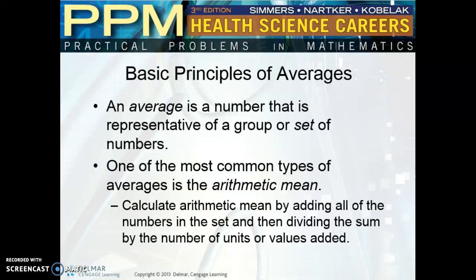And then an estimate is just what it sounds like. We're going to estimate what a particular score might be. We might be estimating a patient's weight, things like that. So they're going to talk to you a little bit about how to estimate and what's the best method of estimating. So that's what the last particular unit in this section is all about.